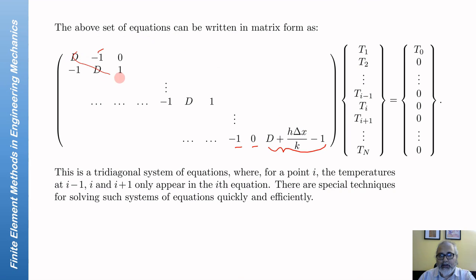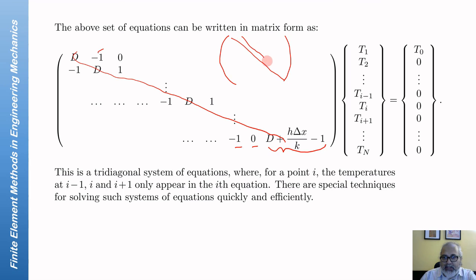This is the diagonal, and then if you look at this system of equations carefully, you have the diagonal just above it and the diagonal just below it populated. So it is a matrix with this kind of form where you have a diagonal, and the diagonal above and the diagonal below are populated, and these are called tridiagonal systems.